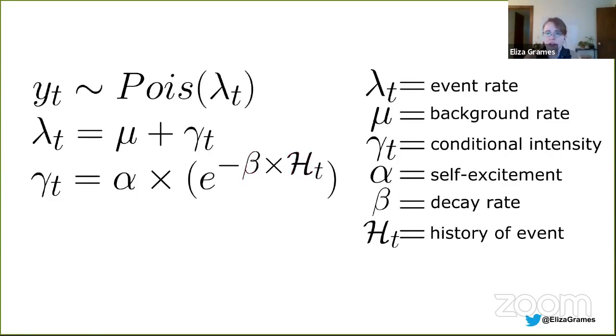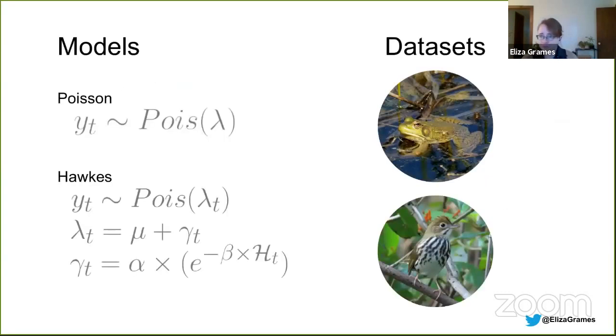So that's the general format of the self-exciting point process models. And now I'm going to apply it to a couple of example data sets. Normally people would run these types of models with just a Poisson model, so we did both a Poisson model and a Hawkes model to understand whether or not they were both able to fit the data and also see how well they performed.